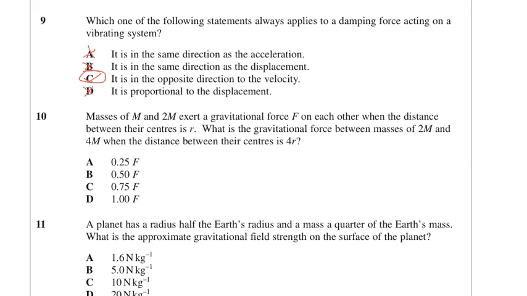Masses of m and 2m exert force F on each other when the distance between the centres is r. What is the force between masses of 2m and 4m when the distance between the centres is 4r? So what we've got is we've gone from a top line of a force equation of 2m to 8m when we multiply the forces.